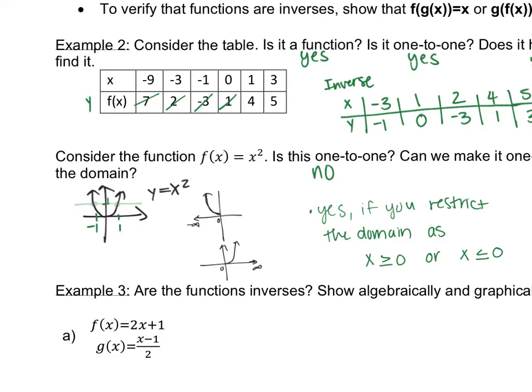So you can either write it this way, or you can say the domain needs to be from 0 to infinity, or the domain needs to be from negative infinity to 0, and you can restrict it that way. Oh, I think I should have used brackets, my bad, since that was an inequality.